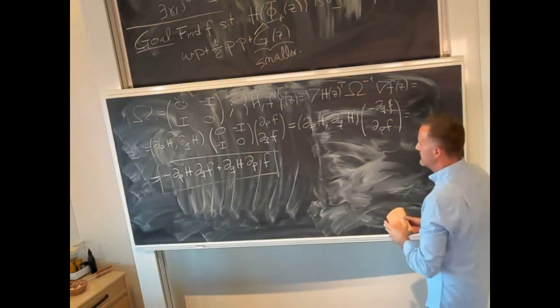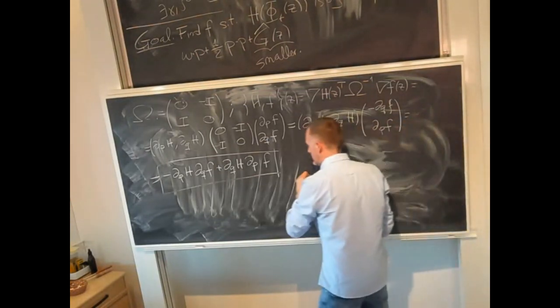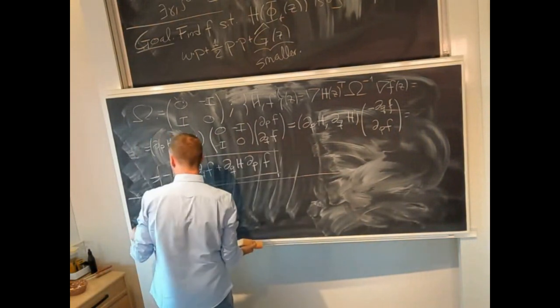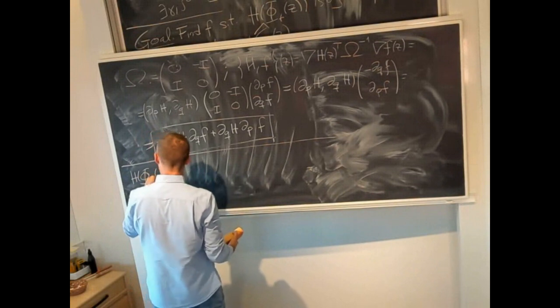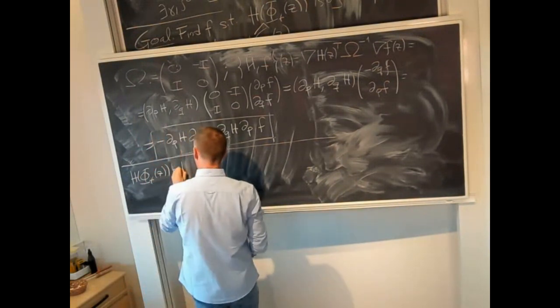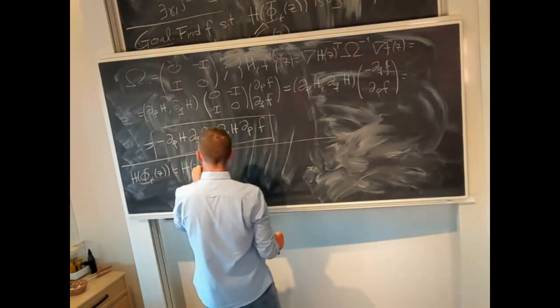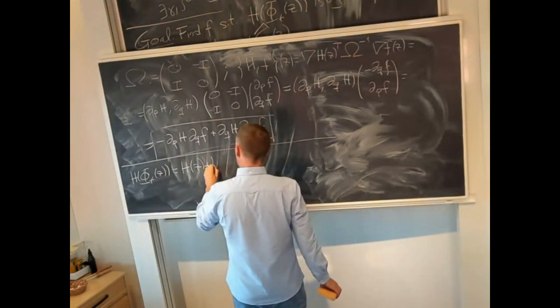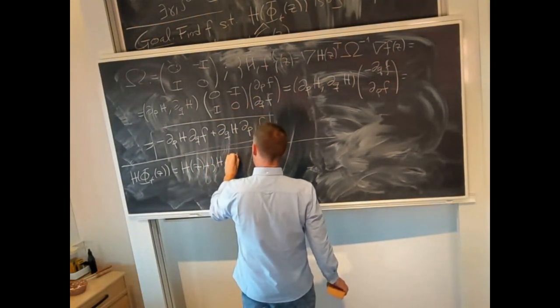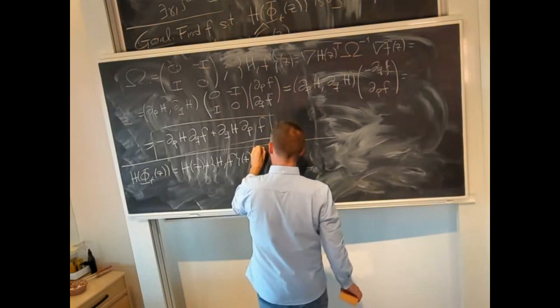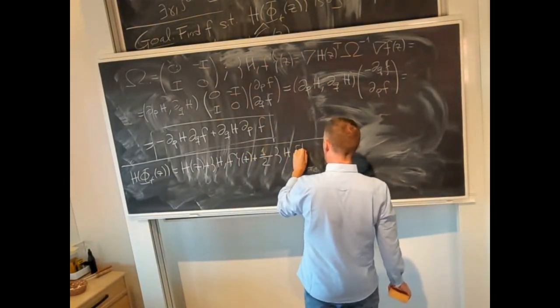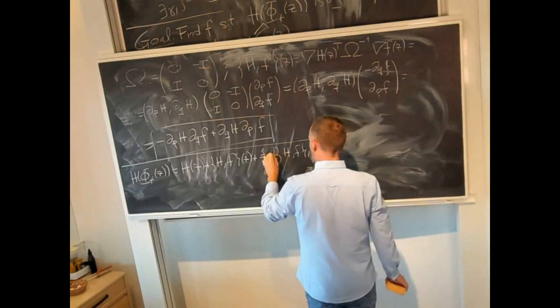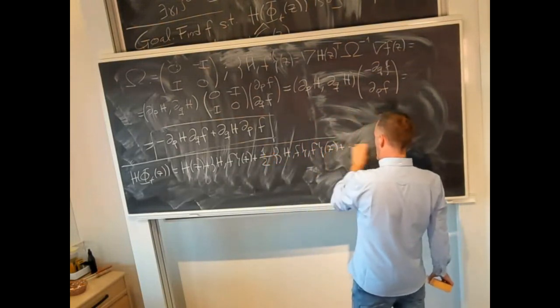Now, notice. Our goal was to perform this change of coordinates, which is h of z plus the Poisson bracket of h and f of z, plus a half of the Poisson bracket of h, f against f, and so on.